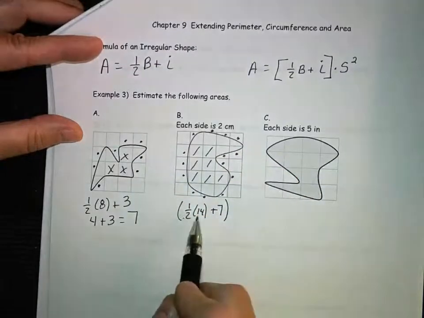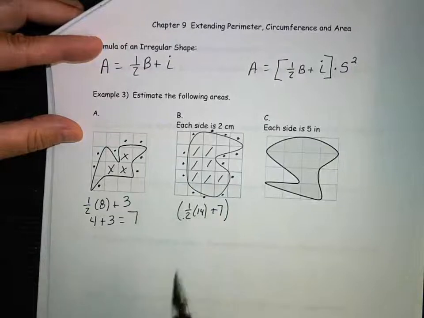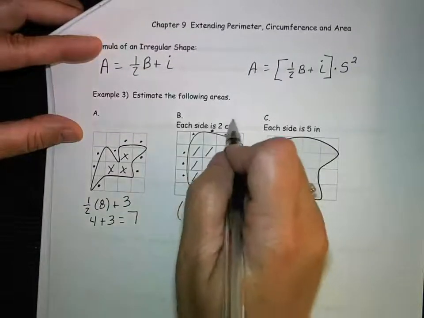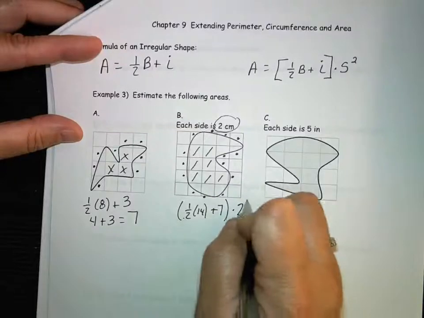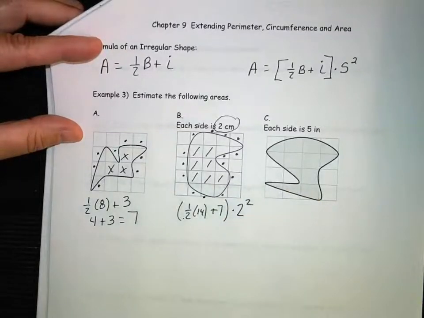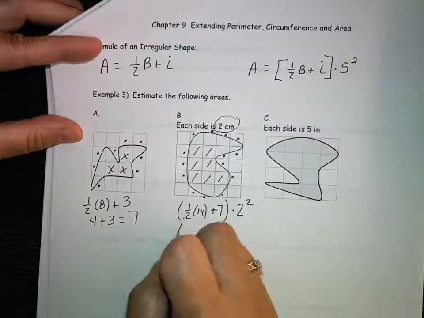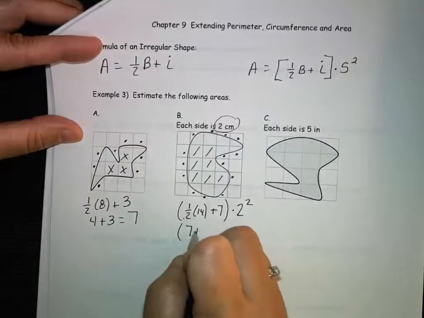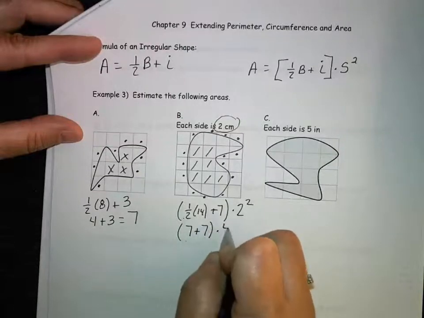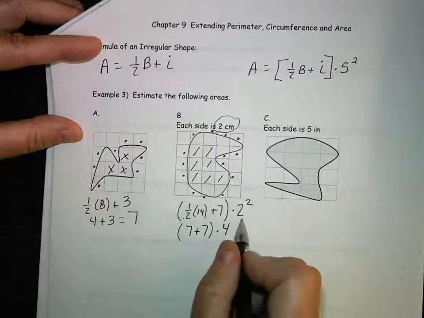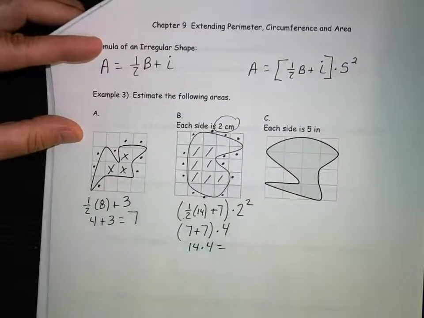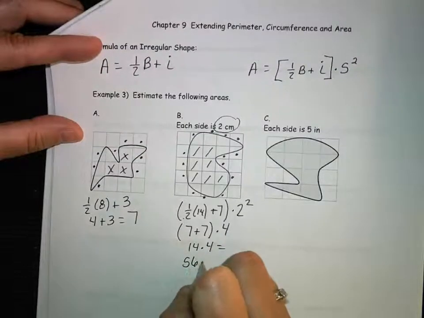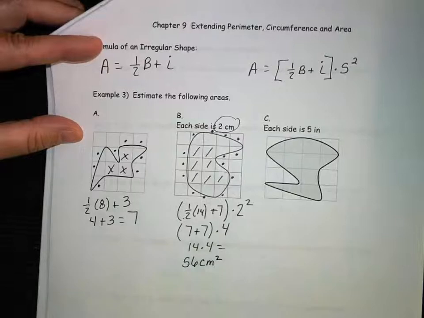So half of our borders plus the interiors. And this time it says each side is 2, so we have to take that number and multiply it by 2 squared. 1/2 of 14 is 7, plus 7, 2 squared is 4. And 14 times 4 will be 56 centimeters squared.